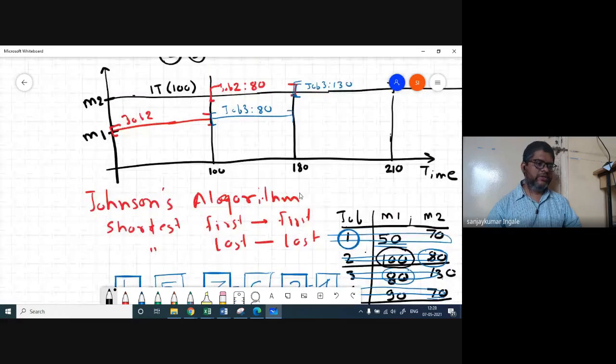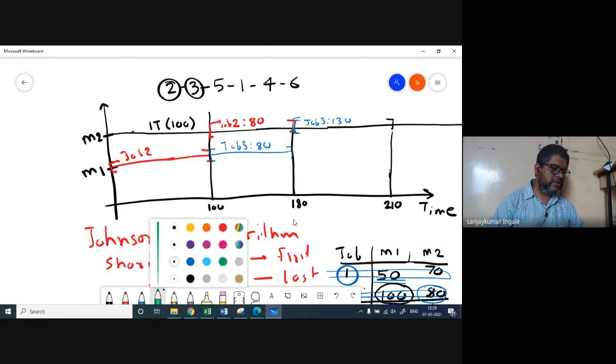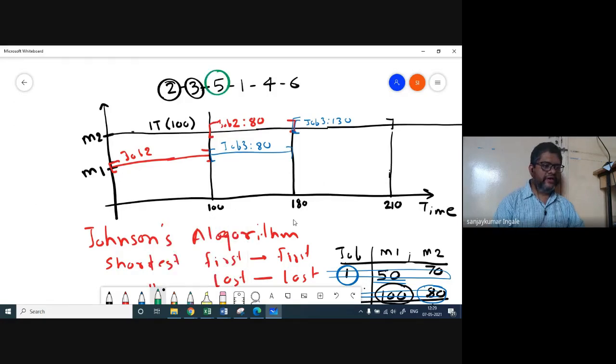So we process job 5, and it will take 60 minutes. 180 plus 60, so by 240 job 5 is ready.